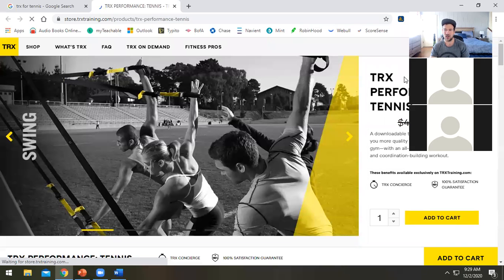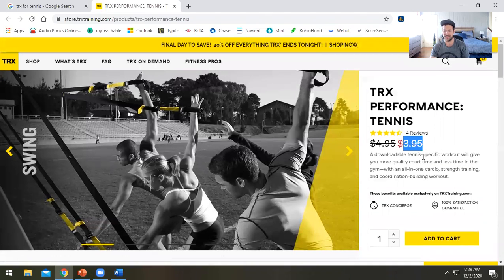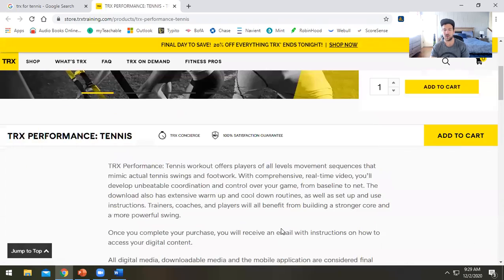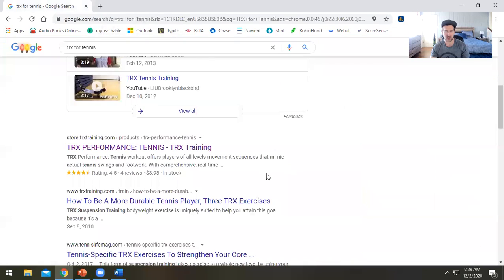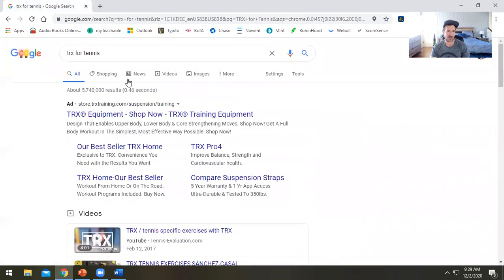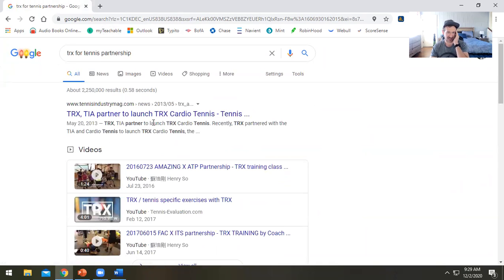It was all about specific TRX exercises that are good for tennis. And then there was this other side of it, which I don't remember what it was called. Oh man, TRX for tennis partnership. This other company that does cardio tennis.